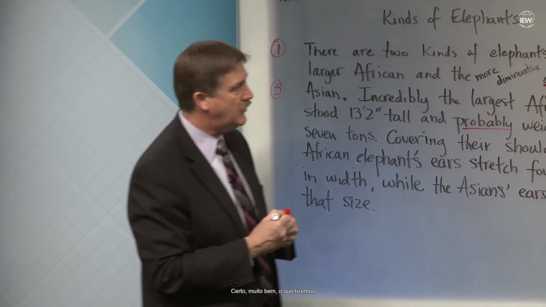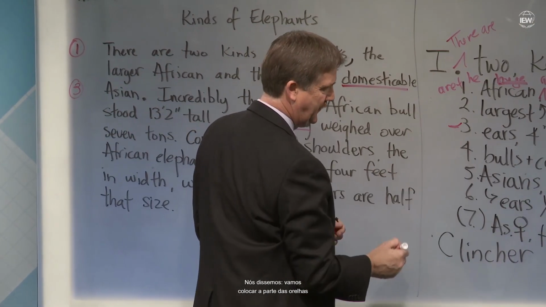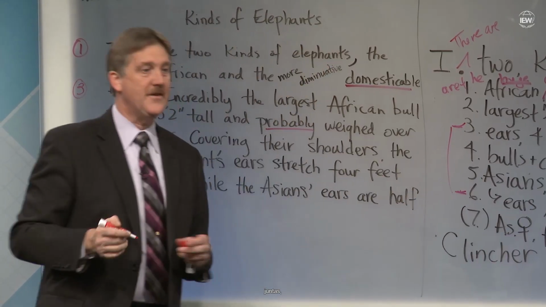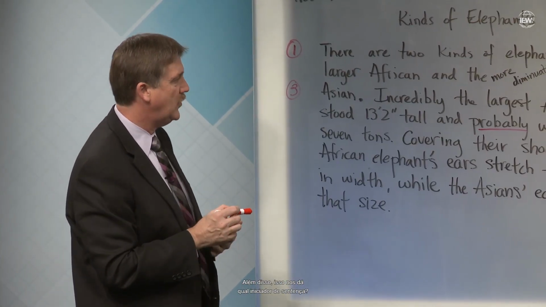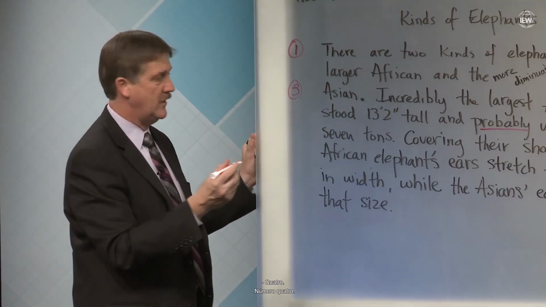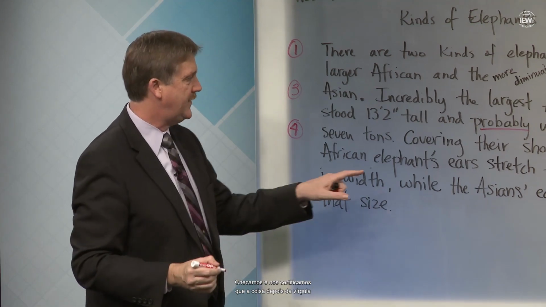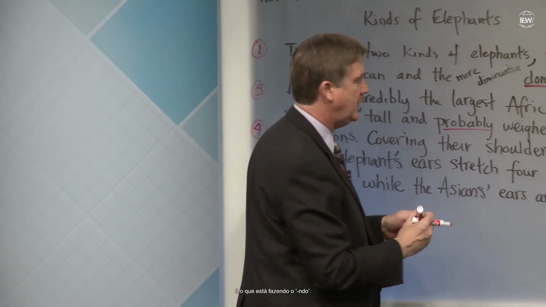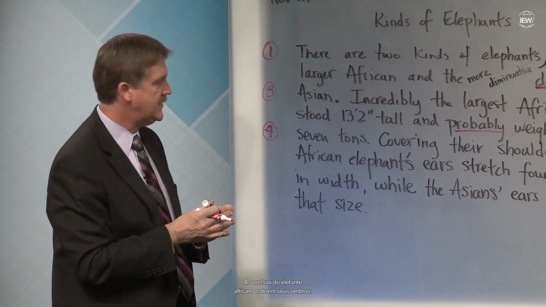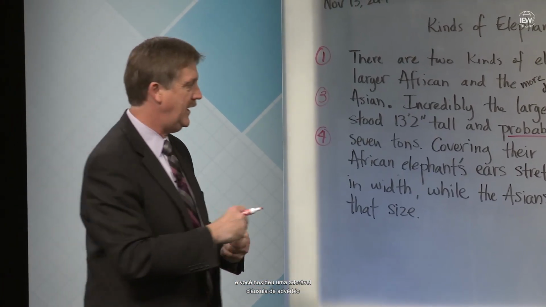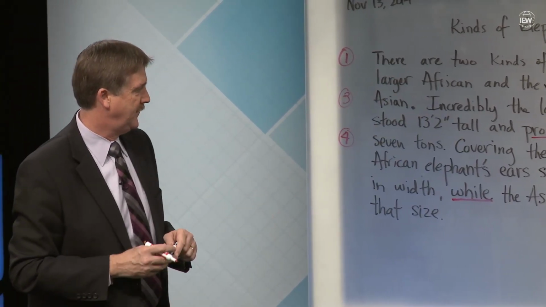Okay, very nice. So what we did was we kind of reorganized, right? We said, let's put the ear thingy and this ear thingy together, and that makes more sense, doesn't it? Also, this gives us what sentence opener? Number 4, ING there. We check and be sure the thing after the comma is the thing doing the inging. So the African elephant's ears are covering the shoulders. And you gave us a lovely adverb clause with the word while.